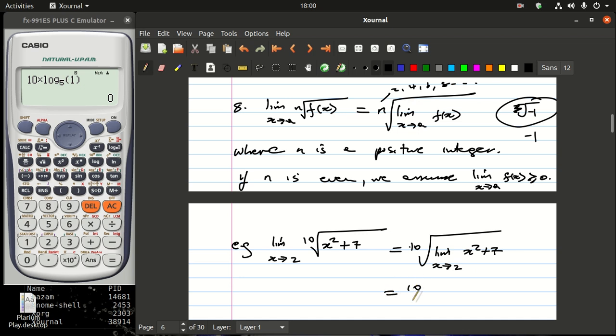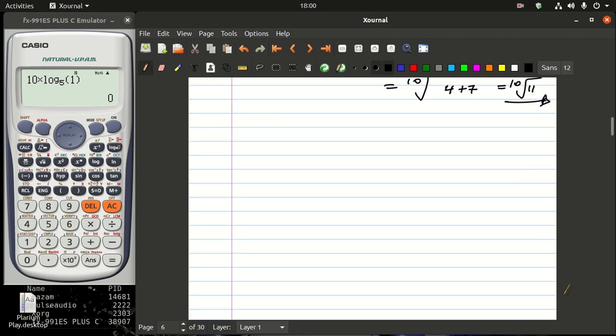If I can plug in there, I will get 2 squared, which is 4, plus 7. So this is just equal to the 10th root of 11. Of course, you cannot move past that. This is the final answer unless you want to plug it into a calculator.